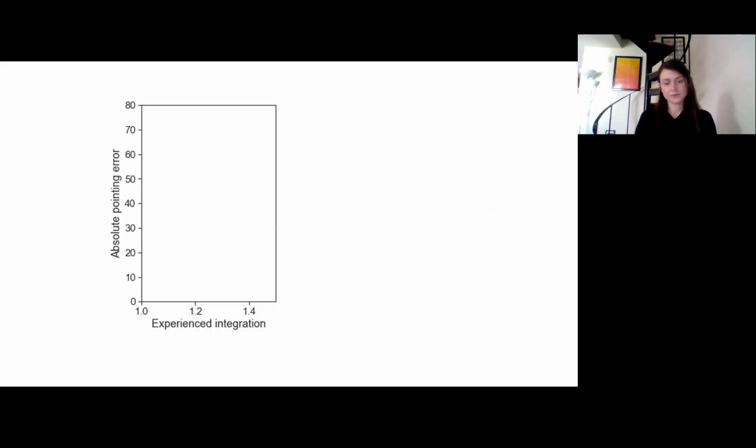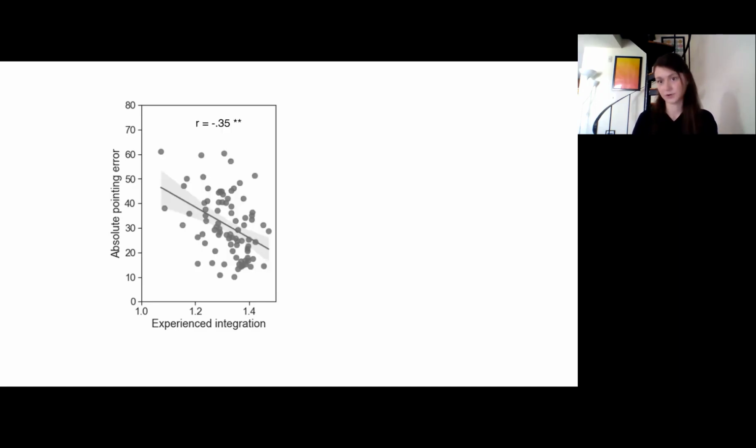So straight into the data. I'll be showing the experienced integration values on the x-axis and the pointing error on the y-axis. So again, lower is better here. And we find a significant negative relationship between the two. So the higher the experienced integration value was for each participant, the better they did on this pointing task, suggesting that something about spending more time in these highly integrated areas in the environment seemed to provide them with a sort of scaffold around which they could then build this cohesive spatial map.